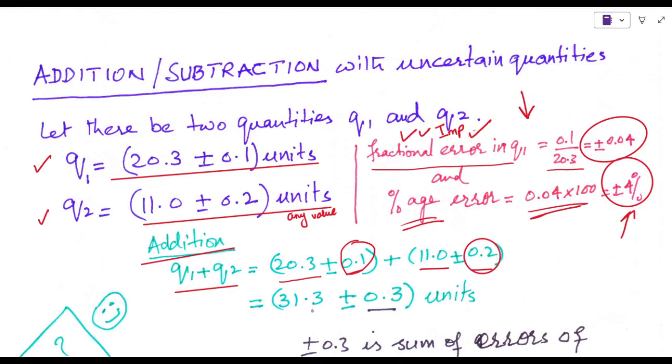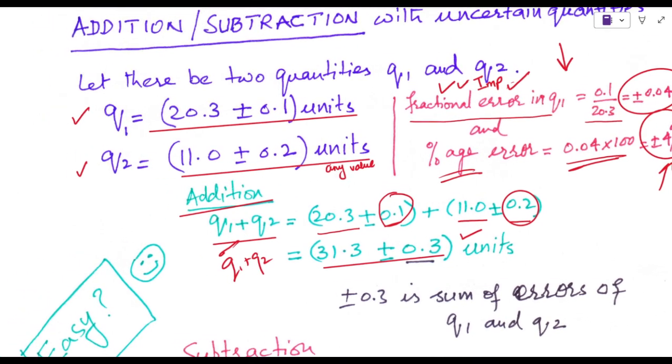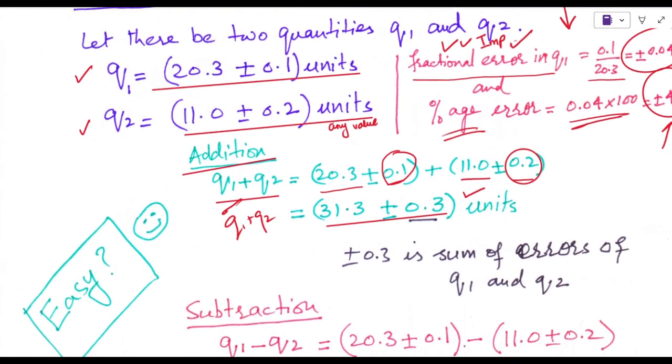So we get the answer of Q1 plus Q2 as 31.3 plus minus 0.3. So the rule is that in addition of uncertain quantities, their uncertainties are also added and written with the quantity.